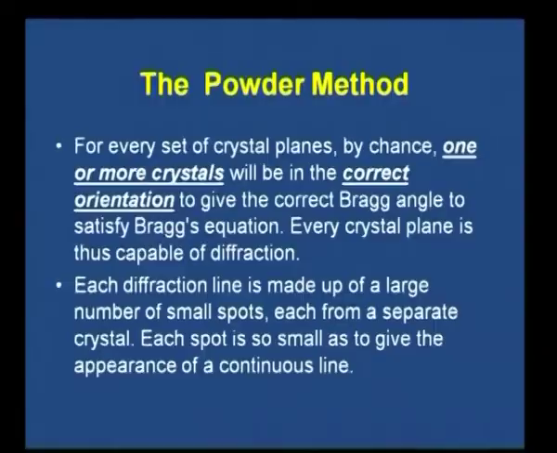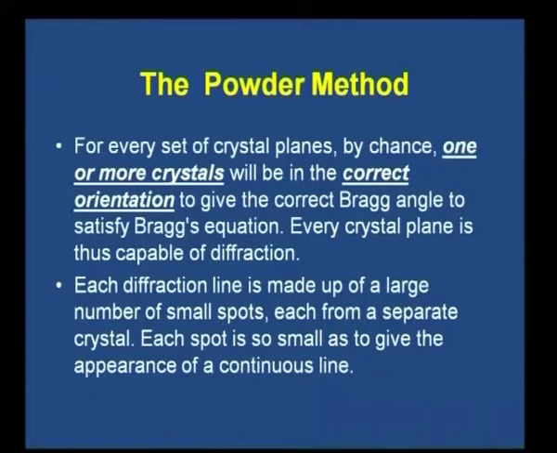For every set of planes, one or more crystals will have the correct orientation satisfying Bragg's law, so that you get the diffraction pattern. Each diffraction line is made up of a large number of small spots, each from a separate crystal. Each spot is so small as to give the appearance of a continuous line.